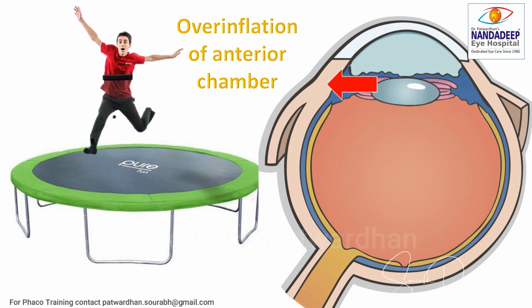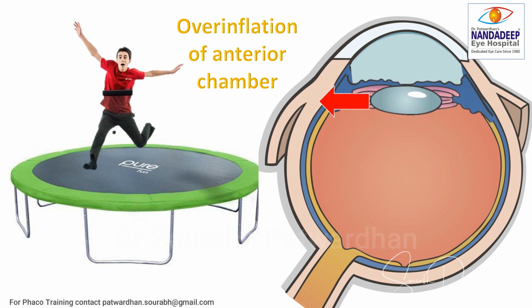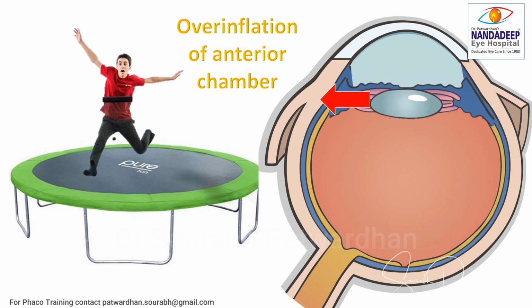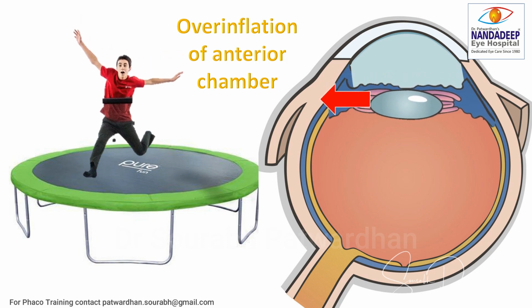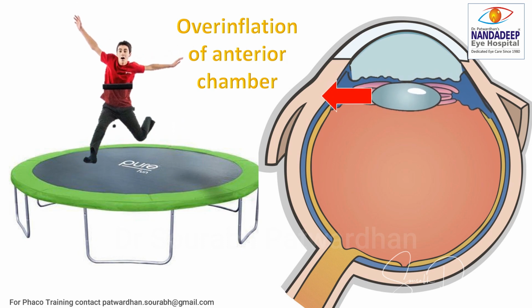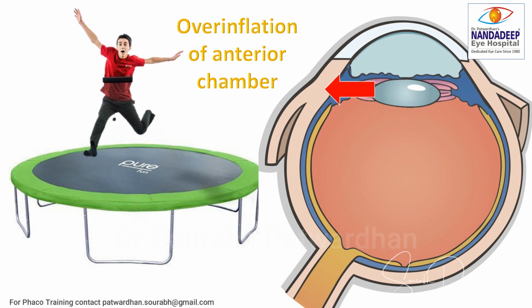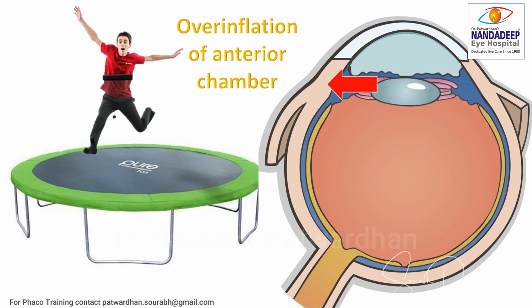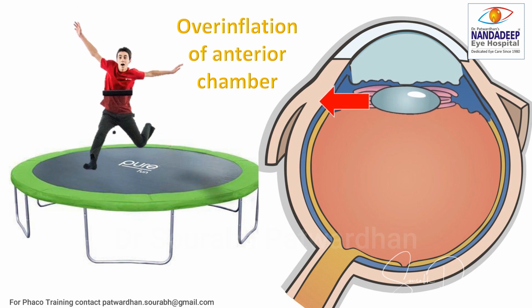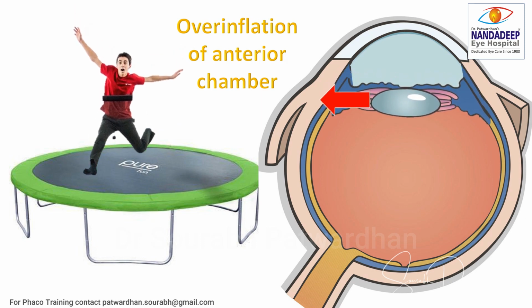When you overinflate the anterior chamber with OVD, particularly HPMC, it is going to stretch the sclera and the zonules. Zonules are going to stretch the anterior capsule out, and that's why the tear of the capsule rhexis is going to go radially out. So that's the reason in this case.